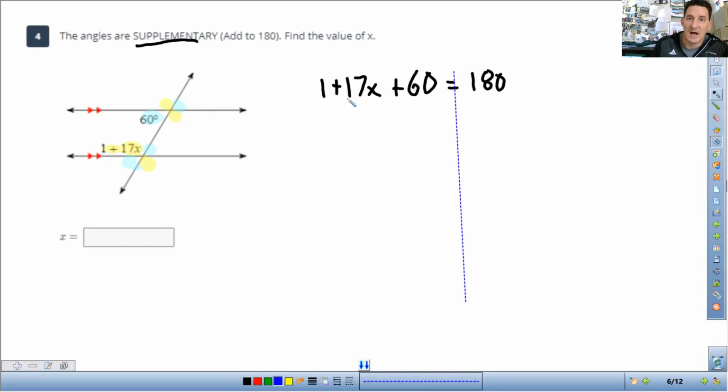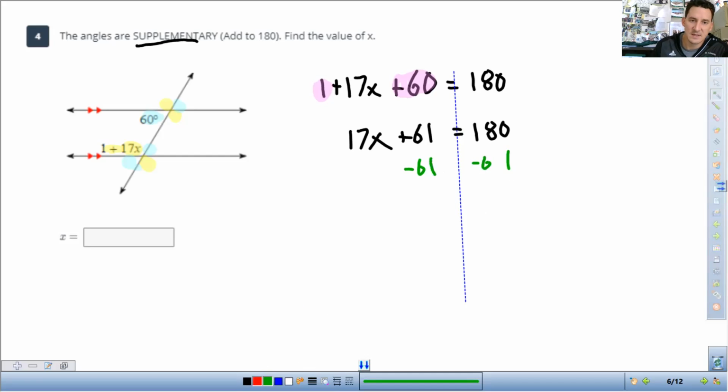So here, combine like terms. Combine these two, 1 plus 60 is 61, so I get 17x plus 61 is equal to 180. I'm going to subtract 61 from both sides.